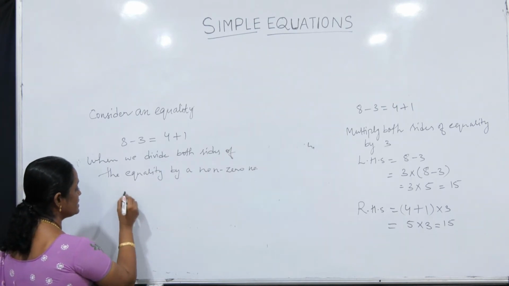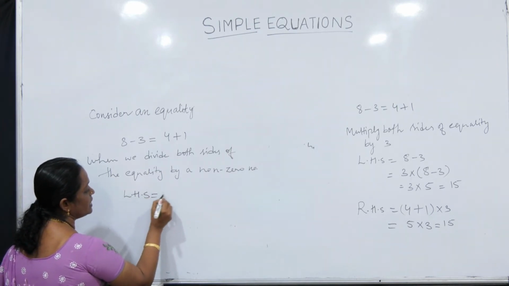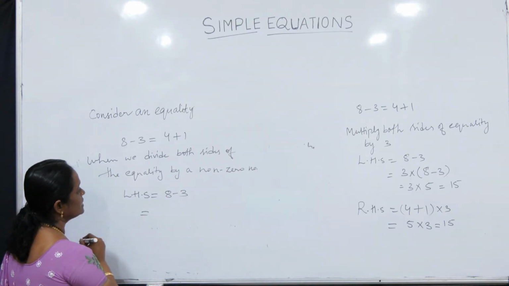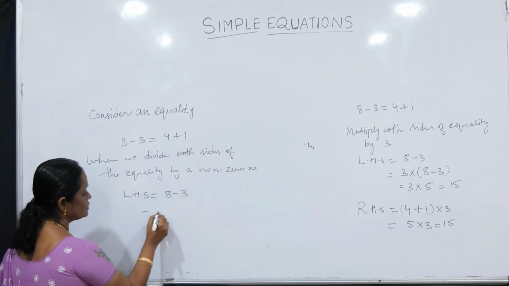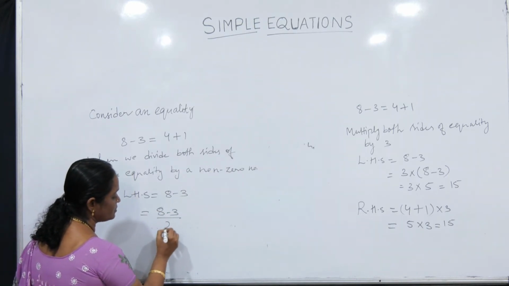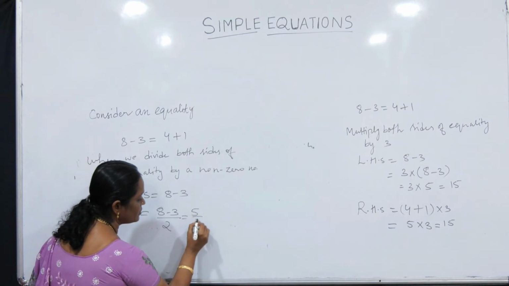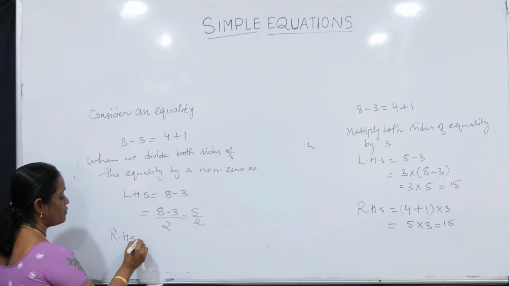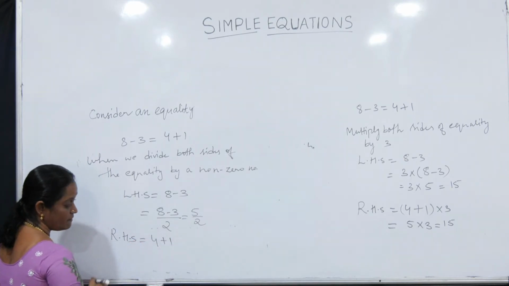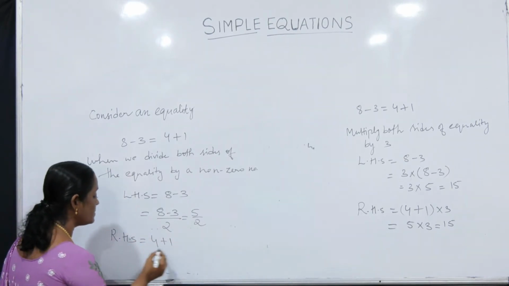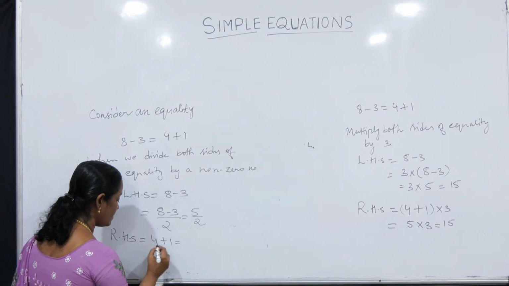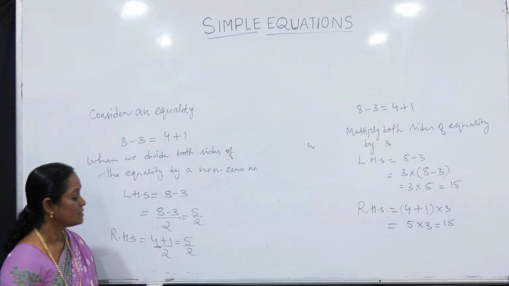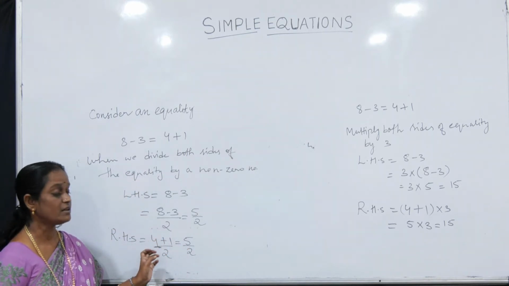The LHS of the equality is 8 minus 3. Let us divide it by 2. So 8 minus 3 divided by 2 is 5 by 2. Now the RHS of the equality is 4 plus 1. When we divide the RHS by 2, it will be 4 plus 1 by 2, that is 5 by 2. Here also the new LHS formed and RHS formed are equal.